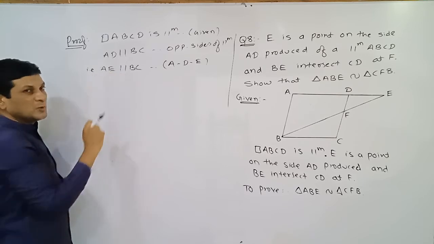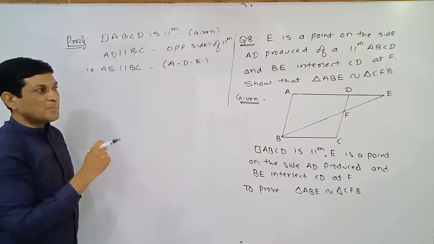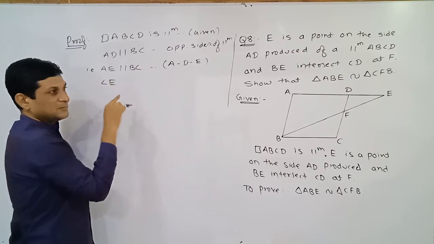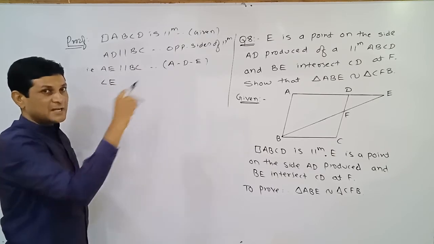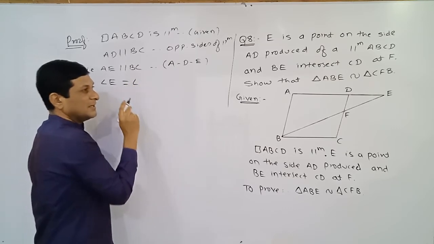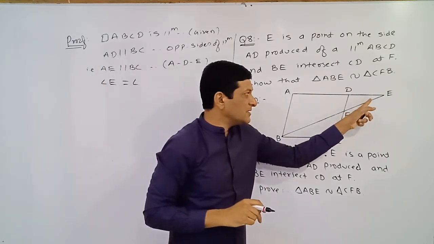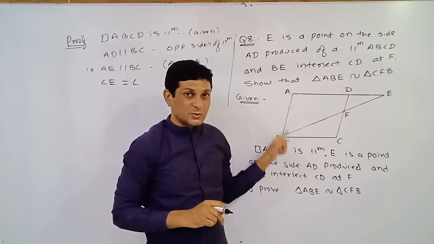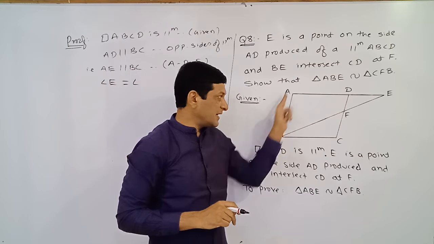And we know that if two lines are parallel, then a pair of alternate angles are equal, which means we can say that angle E, we are writing angle E because at vertex E only one angle is there, is equal to angle B. But at this vertex B, three angles are there, first, second and this third.